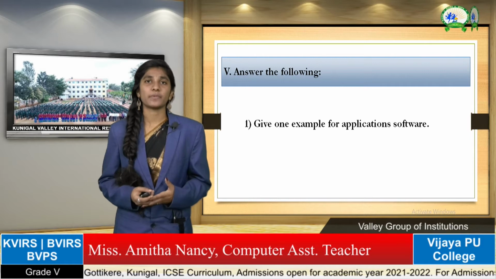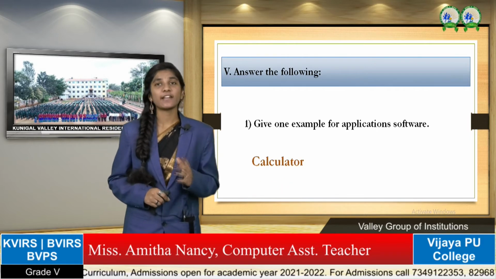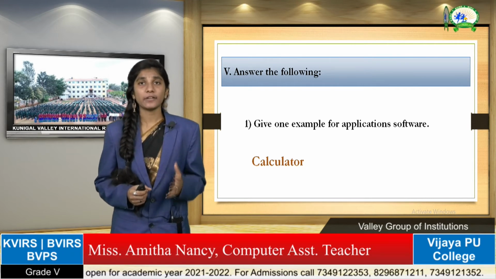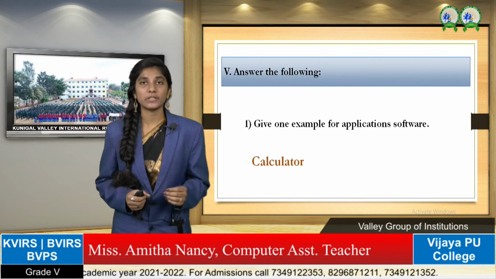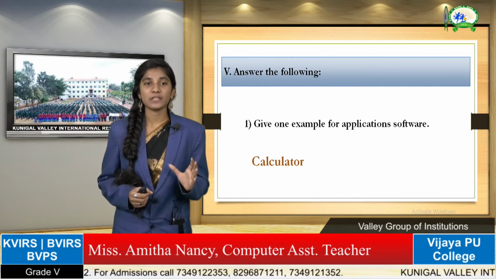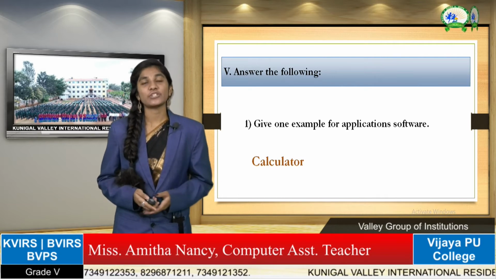The answer is calculator. It performs a particular task, only one specific task, so calculator is an example of application software.